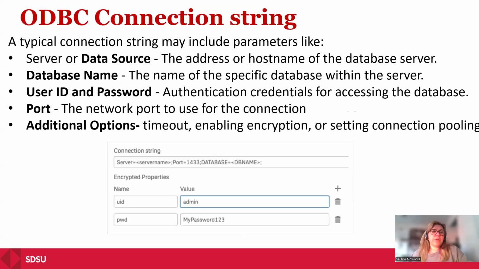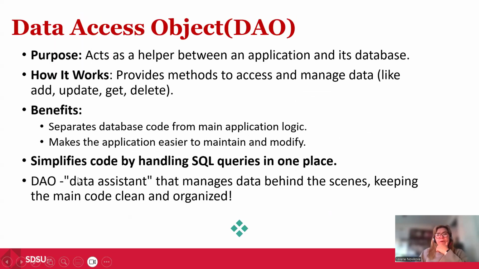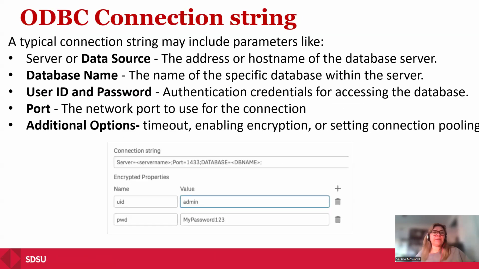This is an example of an ODBC connection string. A connection string consists of multiple elements. It is obviously a data source, so you need to specify the name of the database that you're about to connect to. You specify it here. Then comes user ID and password.